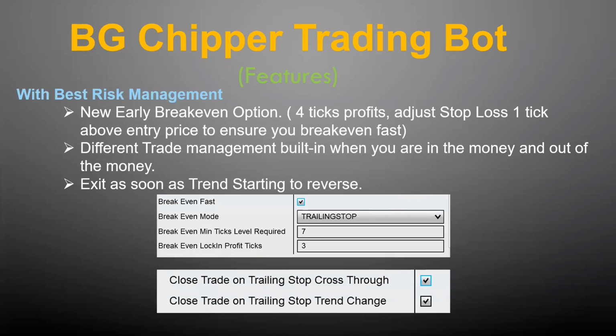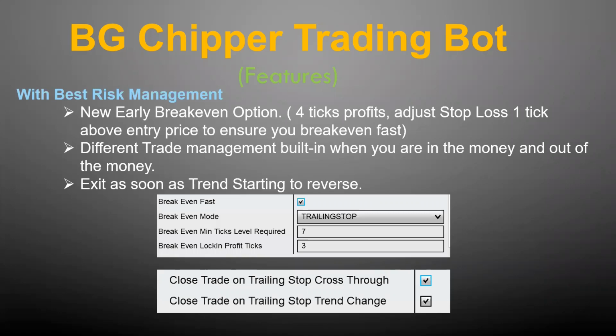So what this will do for you is you can tell it, when I hit 7 ticks, or 5 ticks or 2 ticks, whatever you want to set, I want you to move my trailing stop up to 3 ticks of profit, 3 ticks past my entry point. So when I'm 7 ticks past my entry point in profit, I want you to move the stop up to 3 ticks or 2 ticks, or 0 ticks. You just move it to break even.